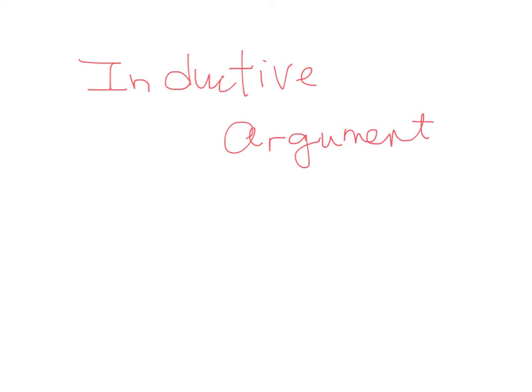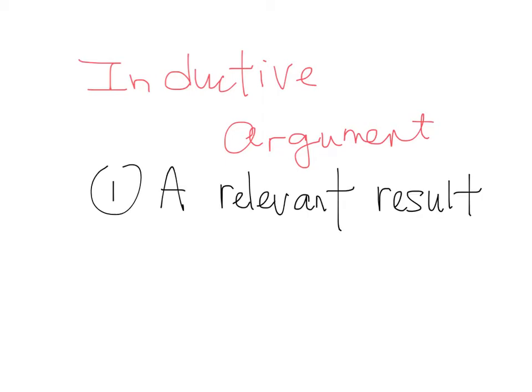So to be able to work on inductive argument effectively, you need two things. First, of course, is that you must be able to determine very relevant results to be used for proving each and every term, as you do the work.